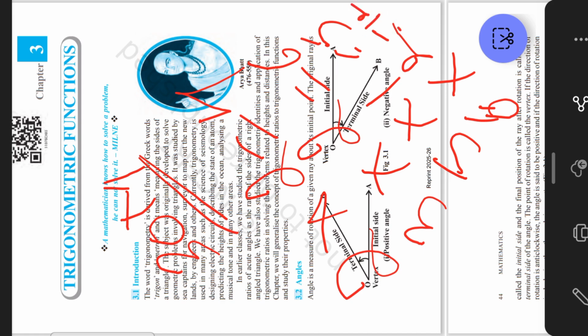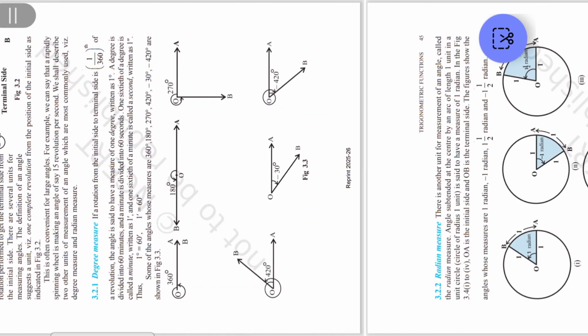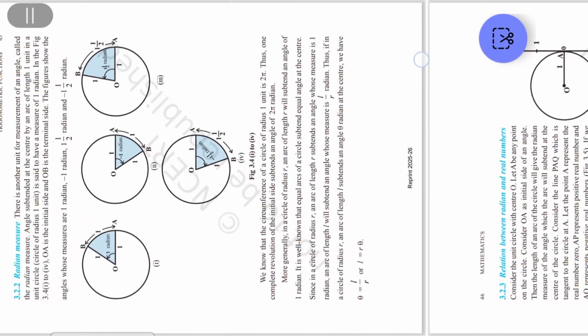Rare questions are very seldom asked in this chapter. So you must understand the formulas and must know the ratio table. The ratio table is very important. Next, coming to your 2 marks questions.